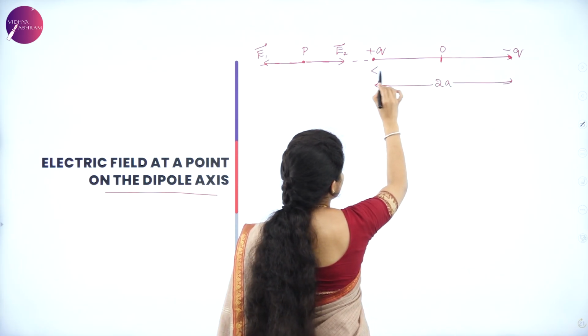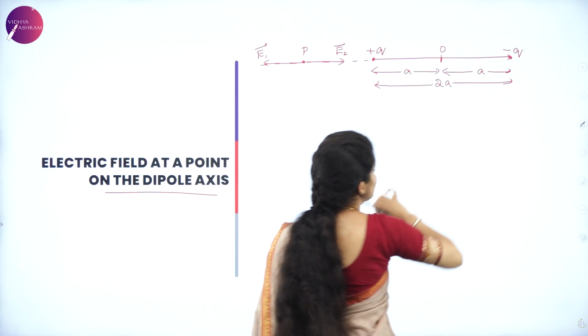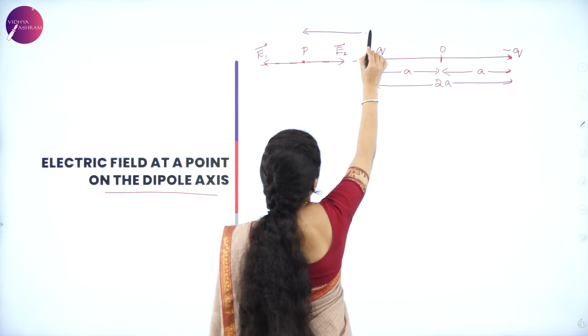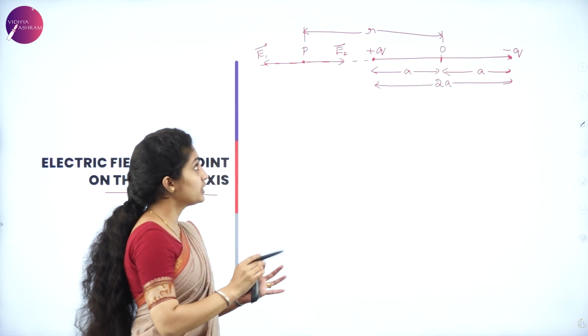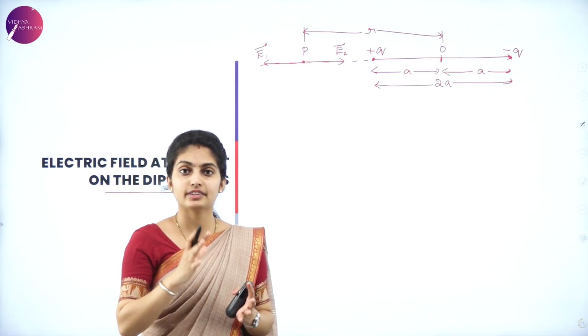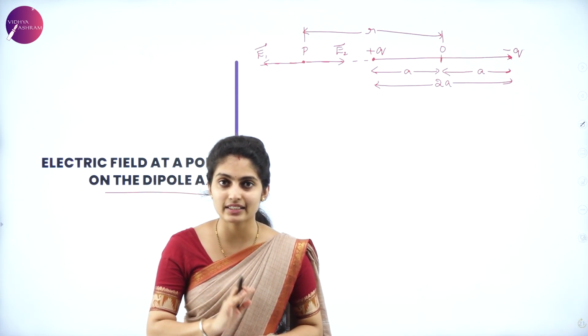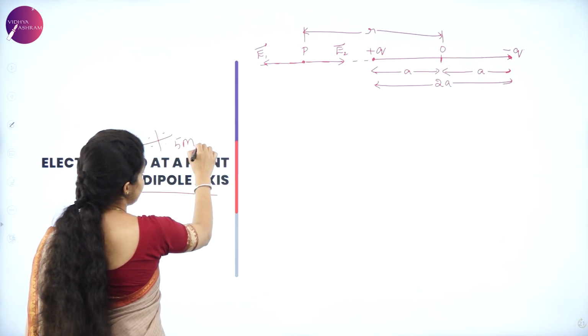That means the divided distance is A and A together, it is called 2A, and point P is at a distance R from O. So this will be the general and initial step which we will have to take up in order to derive this, and this is one of the most important questions which comes for 5 marks.